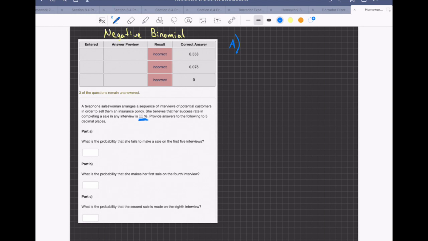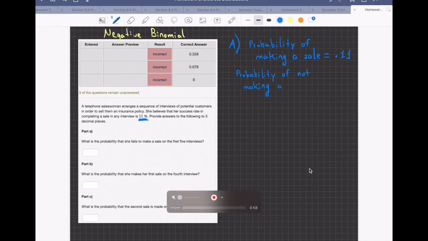All right, probability of making a sale is 0.11. Then probability of not making a sale is the complement of this, 1 minus 0.11.